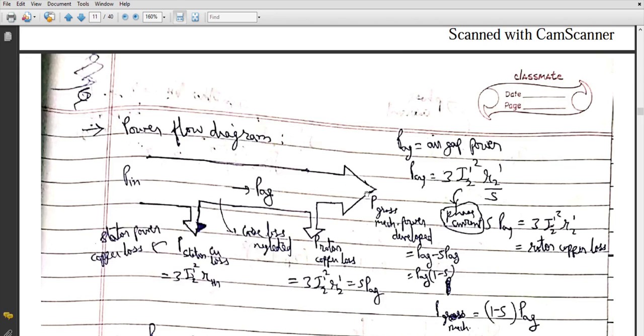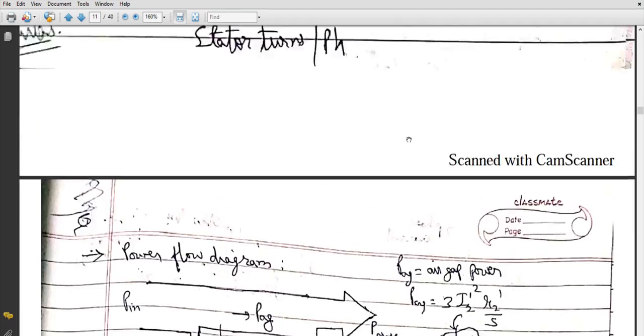But now one thing, we know that PAG is the air gap power, and as we discussed in the previous video lecture, PAG is nothing but 3 times I2 dash whole squared into R2 dash by S. See, I'll show you again.